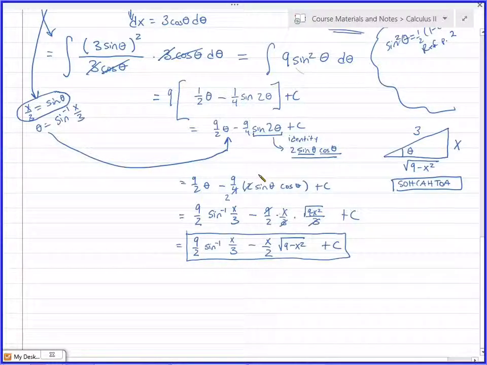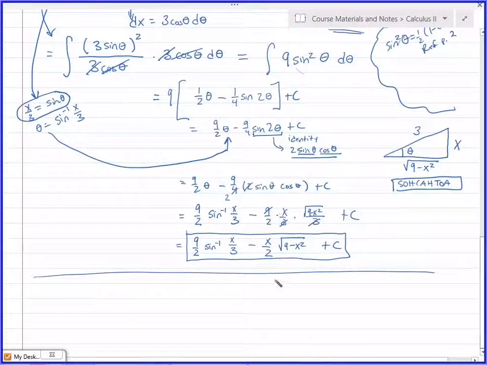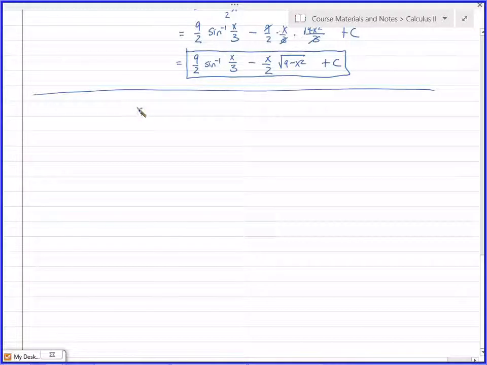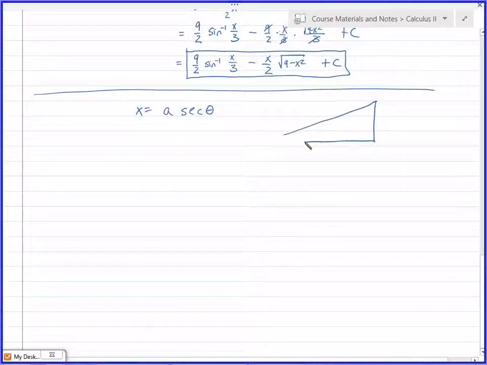But yeah, most of the time you're going to have to draw the triangle. And the triangle always goes back to what you used as your substitution. So just as a guideline, say you'd done x is equal to a secant of theta, if that was the substitution that was suggested, you can draw a triangle from that immediately, right?